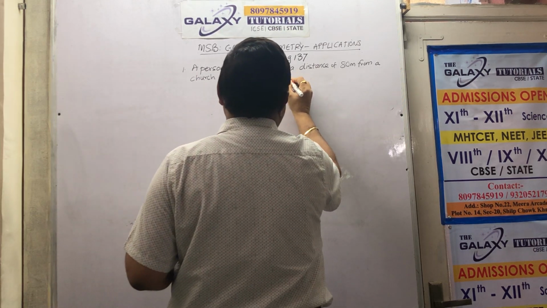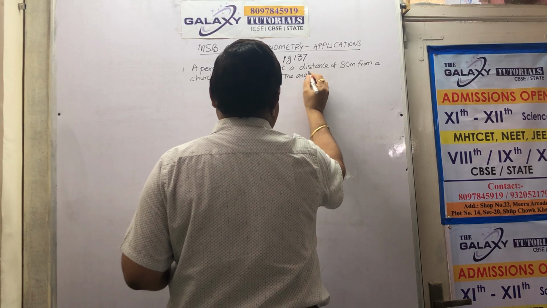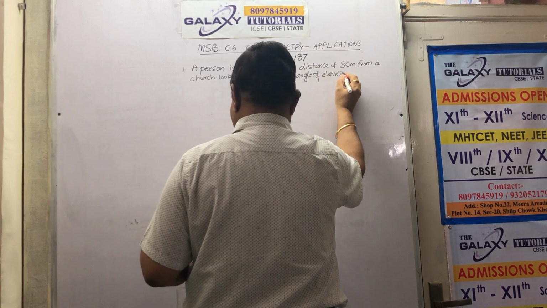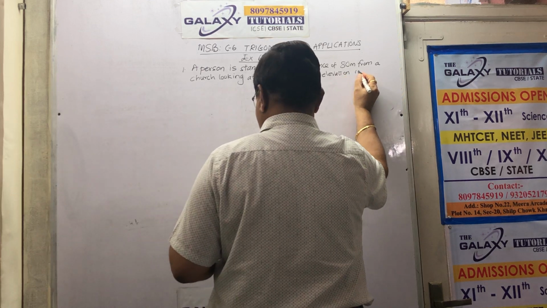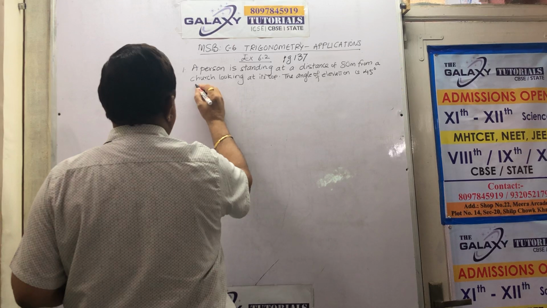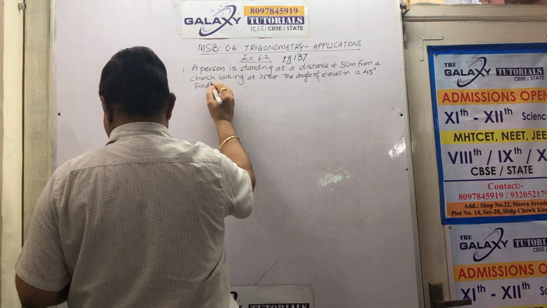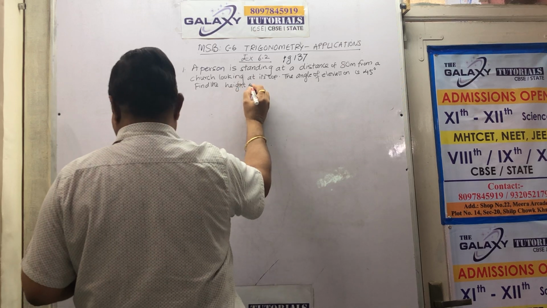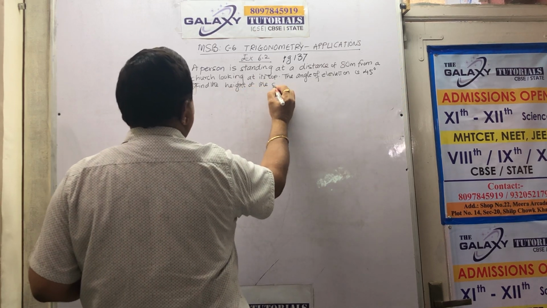The angle of elevation is 45 degrees. Find the height of the church.